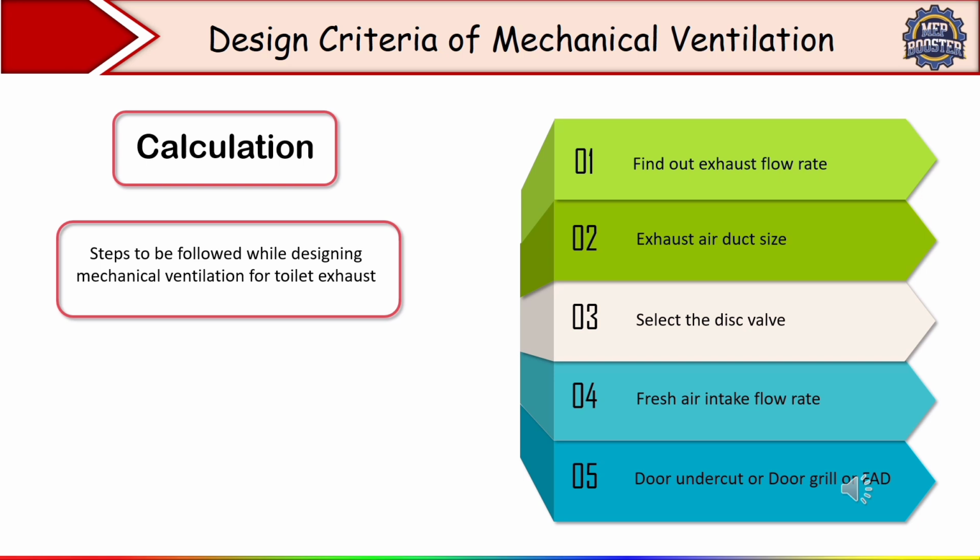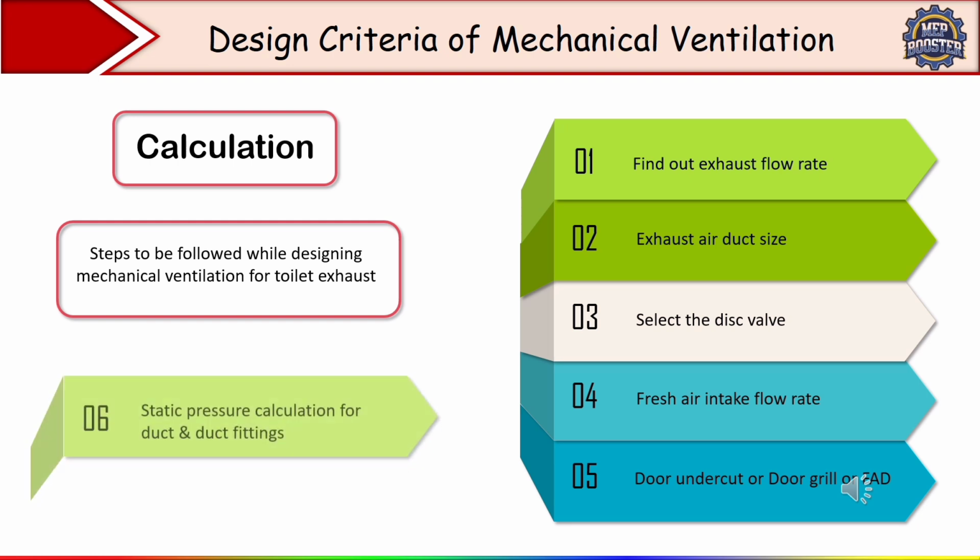Otherwise you can take fresh air from a door undercut. Or sometimes you have to place a grill in the door only. How to design that, what is the width and height of that grill? For that we have a calculation. In the calculation part I will show you how we can do the size of grill, door undercut and fresh air ducting, all this.